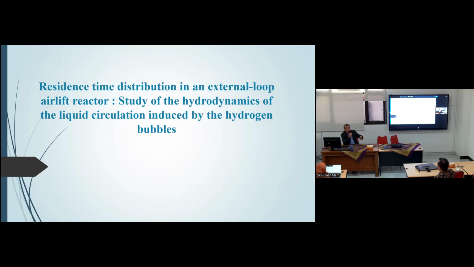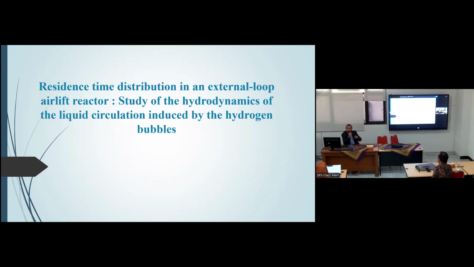To use continuous, we have to analyze the reactor by the tracer technique to see if the reactor is ideal or not, because there are imperfections in a reactor, for example dead zones, etc. We use this technique, residence time distribution, to study the hydrodynamic circulation.